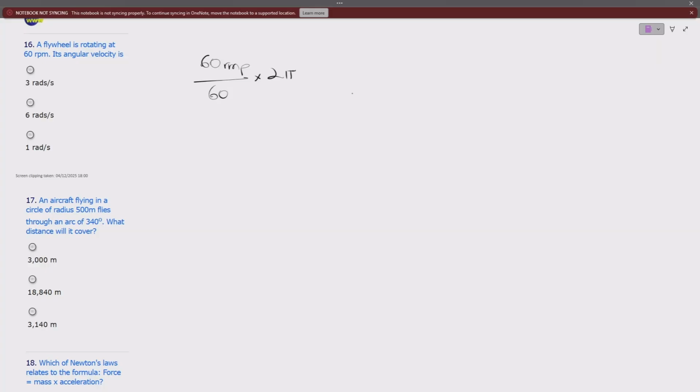Because we are not using a calculator, we have to approximate 2 pi equals 6. That's an approximation. So 60 divided by 60 times 6 is going to give you 6 rad per second. That is the answer.